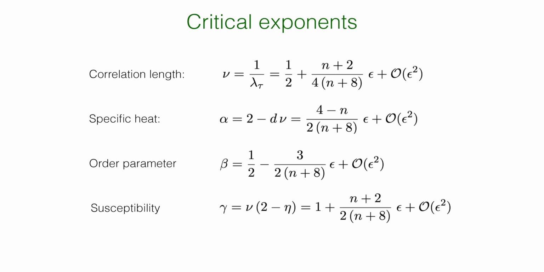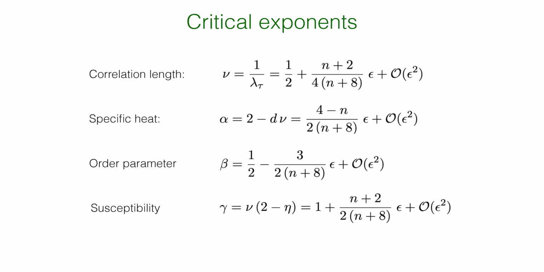So I don't just write 1 over lambda, but I expand lambda t such that it's all in the numerator, right? So I get then a half plus this value, and you see it's a half to leading order in epsilon. That's the mean field exponent. That's the one we got just by ignoring the phi to the 4th term completely.